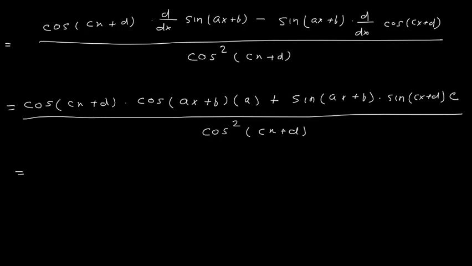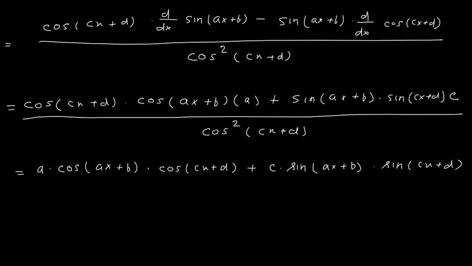Now is there anything common? Nothing is common, only we can rearrange it. So a we will write at the first position, a into cos of ax plus b into cos of cx plus d, plus here we have c times sin of ax plus b into sin of cx plus d.